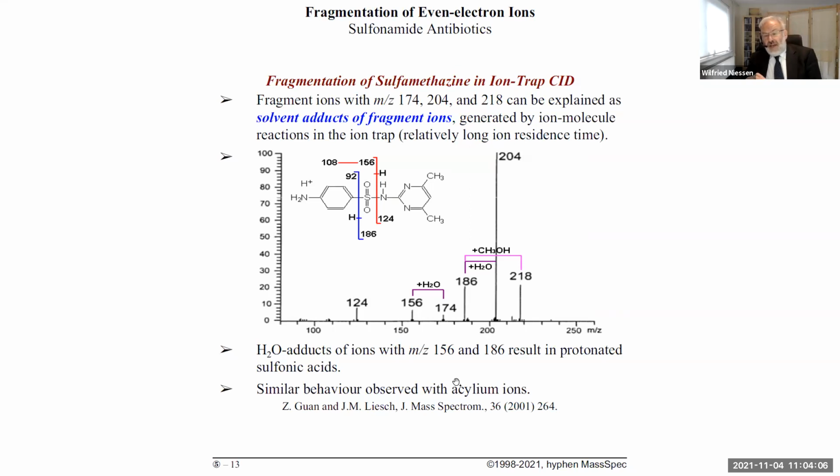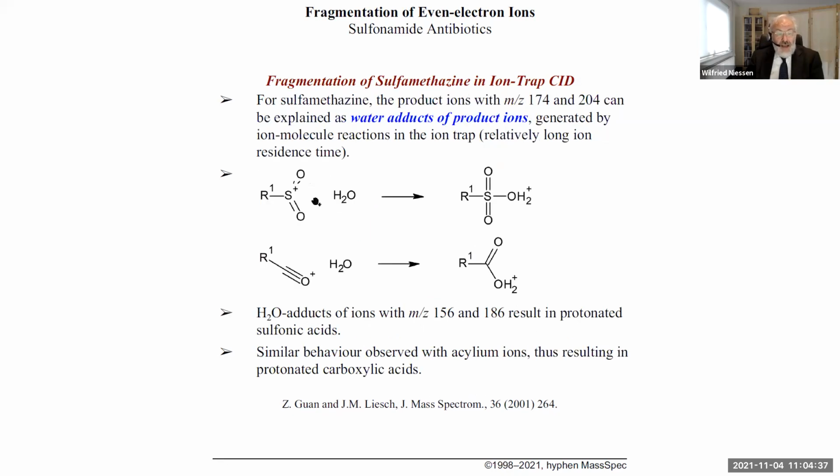You should be aware of the fact that the vacuum system of your tandem quadrupole is saturated with mobile phase vapors, among which there's water. So you could imagine that the 186, being basically this ion with the SO2 here, meets a water molecule in the gas phase and combines with it to produce a protonated sulfonic acid.